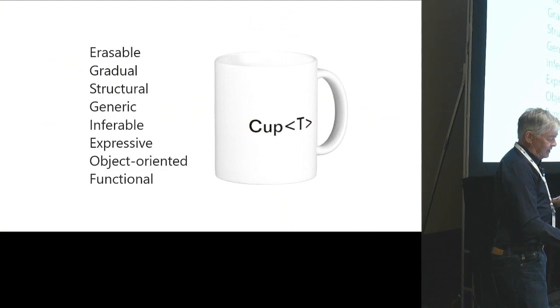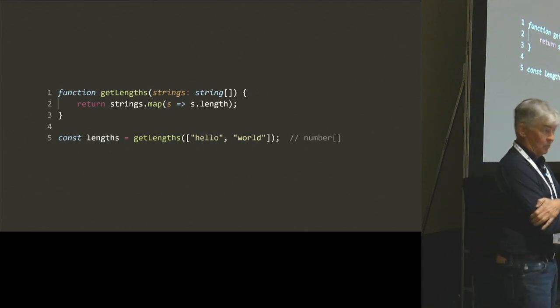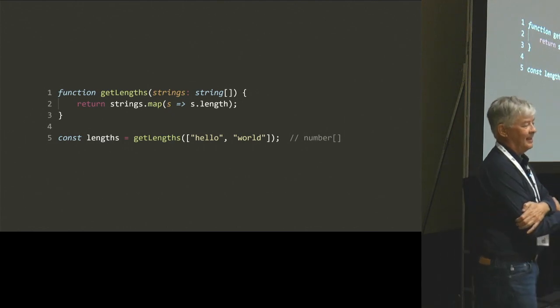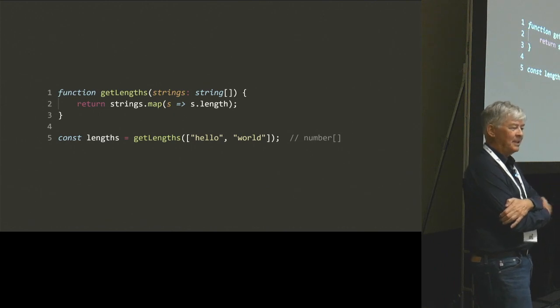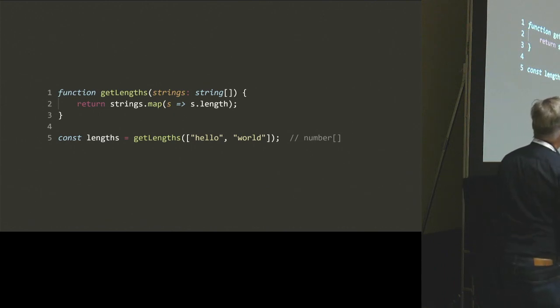The type system also relies heavily on inference, which of course you want to do because you're starting with something that has no type annotations in it. And so to the extent that we can infer stuff, it's good. Here's an example of a program where everything is typed by a single type annotation on getLengths.